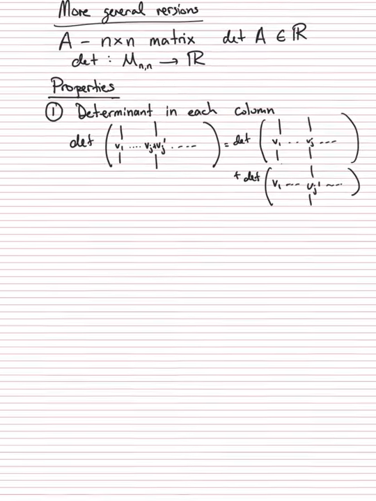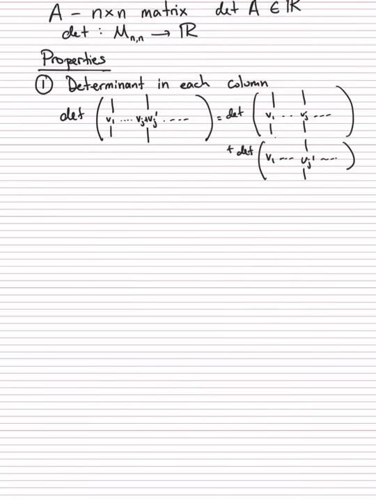Okay? Similarly, oops, I forgot to put the word linear here. Similarly, if I had determinant of V1 up through alpha Vj, this should be equal to alpha times the determinant of V1 up through Vj. Okay?